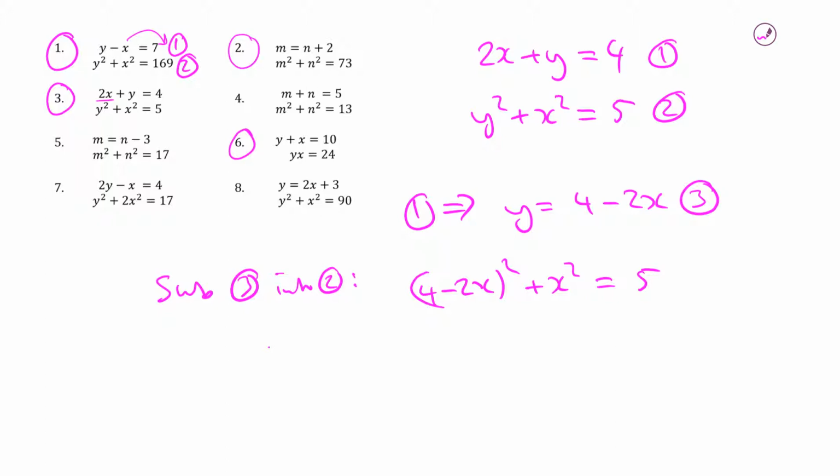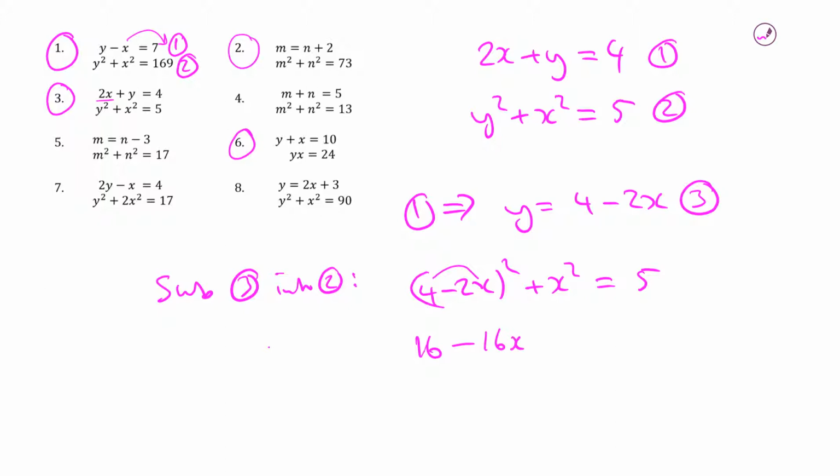Okay, so what happens next? It'll be 16, then the middle bit is times them together and double it: minus 16x.